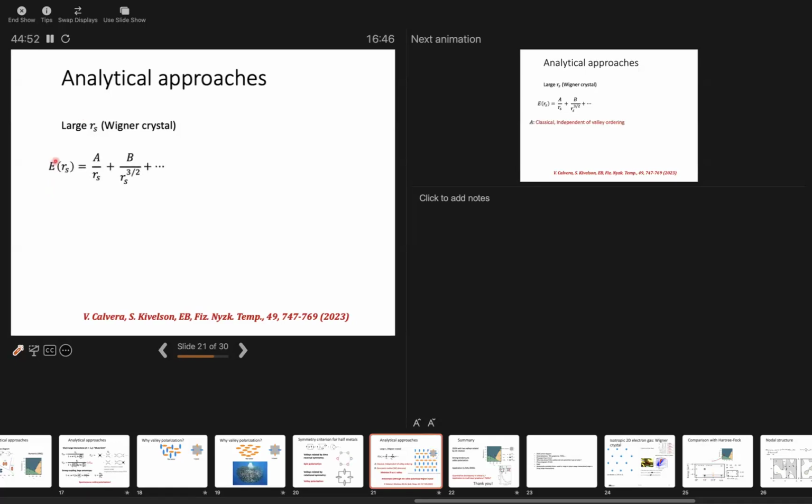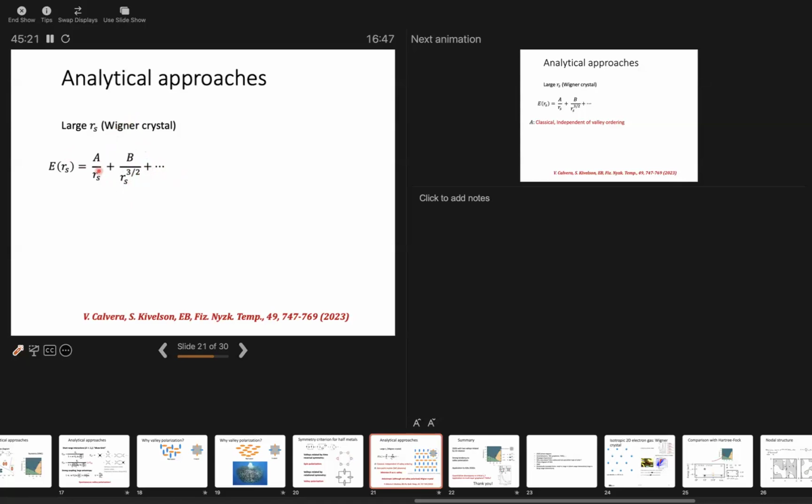If you expand the energy in the large RS limit, the lowest order term is just Coulomb, one over RS. At the next order, you get the zero-point motion of the phonons of the Wigner crystal, which scales like 1 over RS to the power of 3/2. That actually knows about the valley polarization. So the valley exchange is of the order of this term, and it falls off quite slowly compared to the Coulomb term.